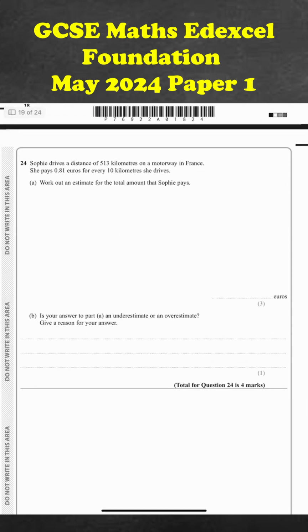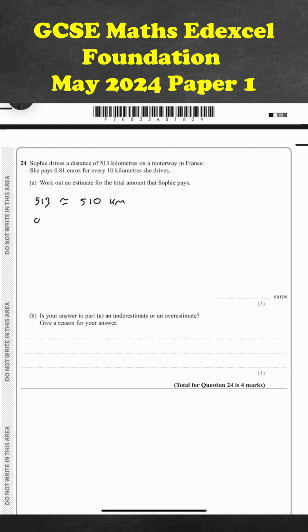Question 24. Sophie travels a distance of 513 kilometres on a motorway in France. She pays 0.81 euros for every 10 kilometres she drives. Work out an estimate for the total amount that Sophie pays. So, if she travels 513, we're going to say that's approximately 510 kilometres.